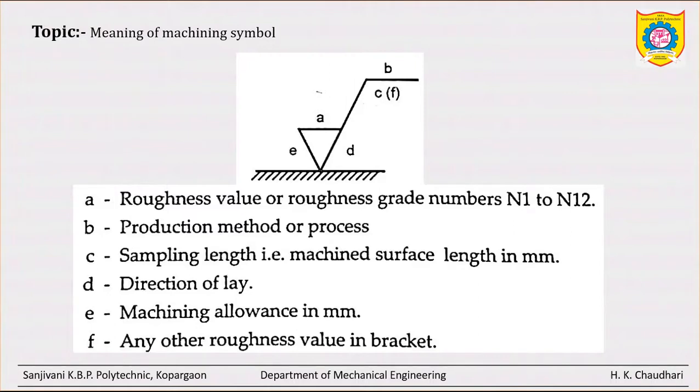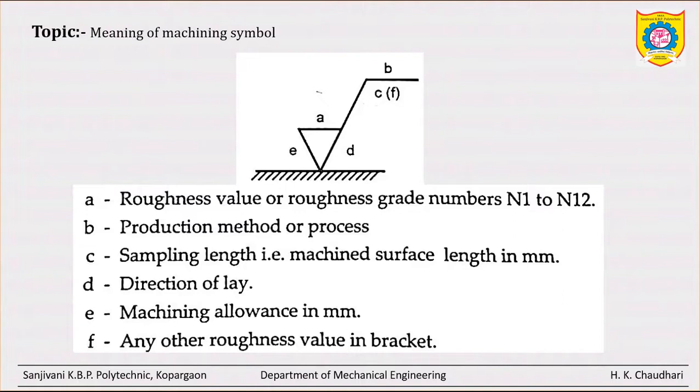After these machining processes, we obtain a surface with some roughness, because the surface of the object from these machining processes is not very smooth.